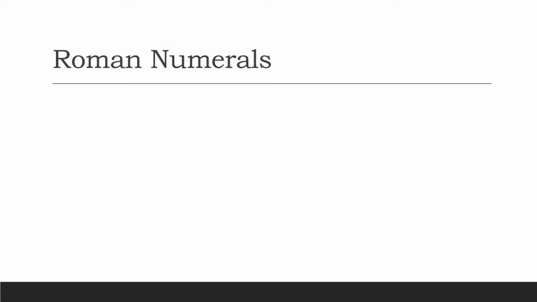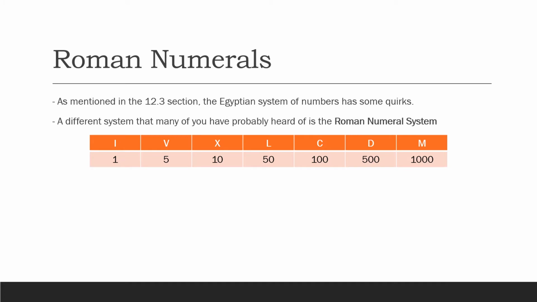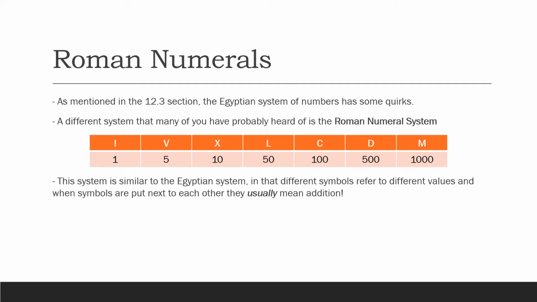We're going to be going over Roman numerals today. I mentioned this in the 12.3 section, that the Egyptian numbers have some quirks. And this is the Roman numeral system, which works really similarly in that you also put symbols together to imply addition. But that's only usually true.